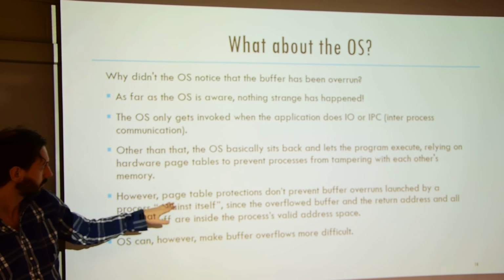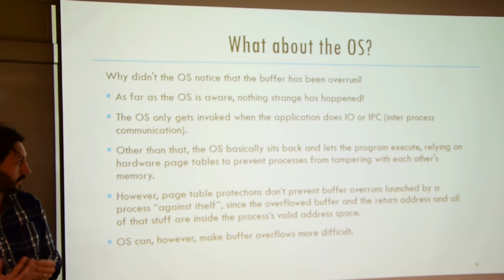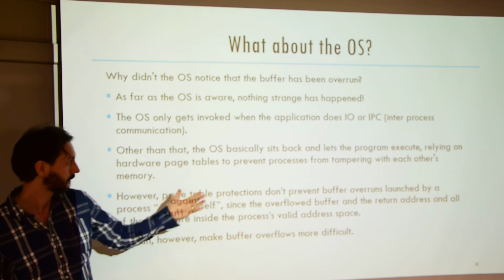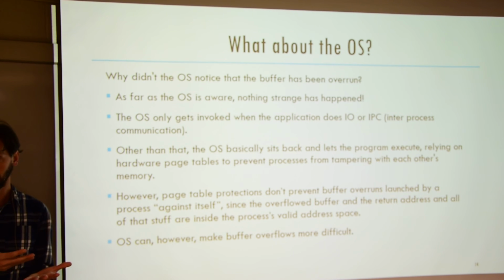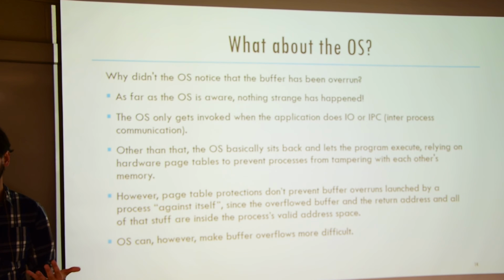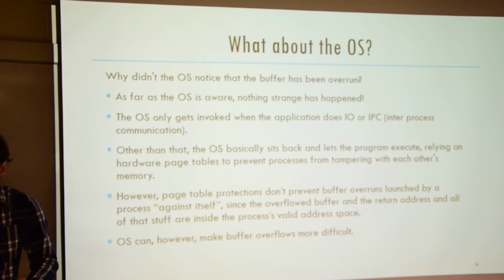However, the page table, which essentially helps you to find out where things are stored, right? Those protections don't prevent buffer overflows launched by a process against itself, right? Because that's what's happening if you put in some kind of a string that the application asks for. It's just something that process runs on its own.